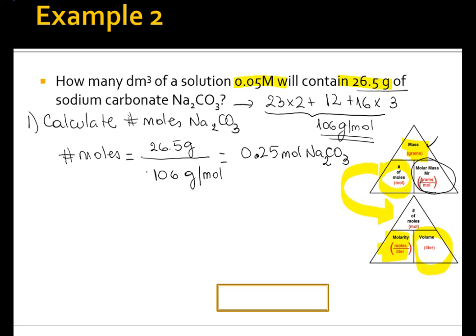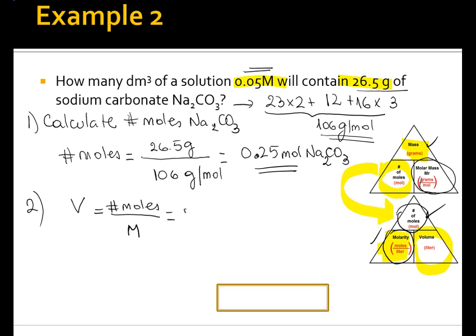Okay, now the second step is going to be using this number of moles and the molarity. We are going to divide the number of moles by the molarity, and we are going to obtain the volume of the solution that we need to extract. So the volume is the number of moles divided by the molarity.